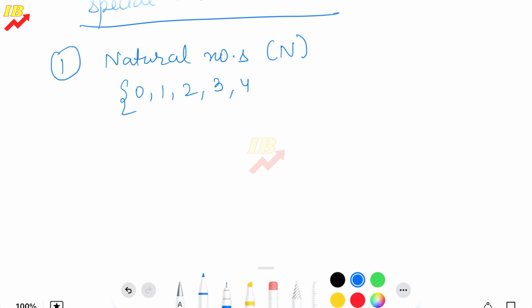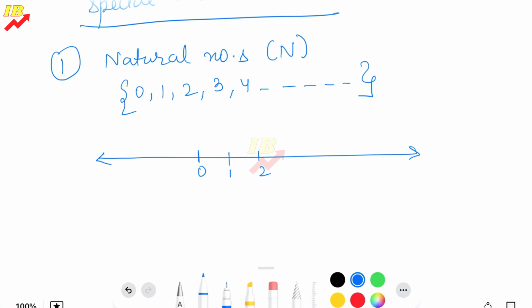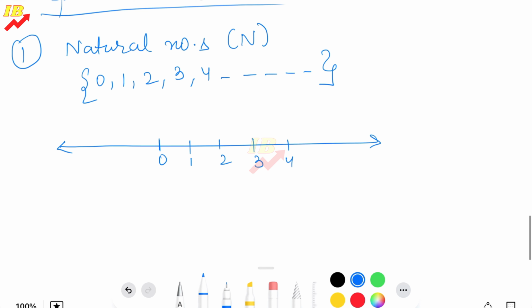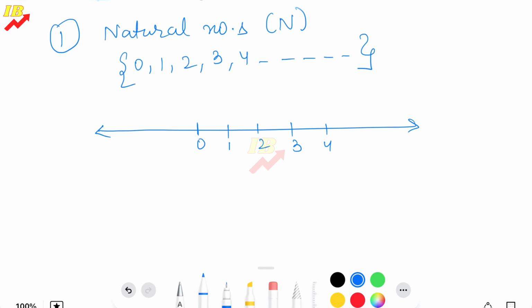This is also a part of the infinite set. If I want to show it on a number line, I'll start from 0, 1, 2, 3, 4, and so on. So this is going to be infinite in number, starting from here and going in this direction.